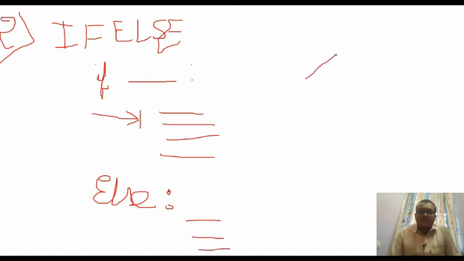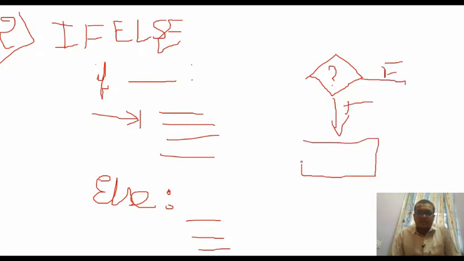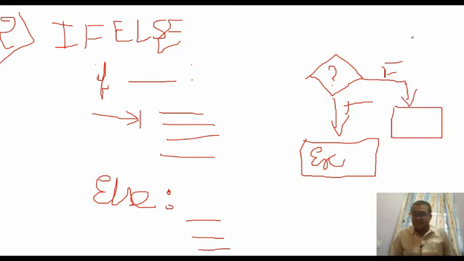So if the condition is true, you are going to have some true expression. If the condition is false, then also without checking any condition, you are going to execute some false expression.